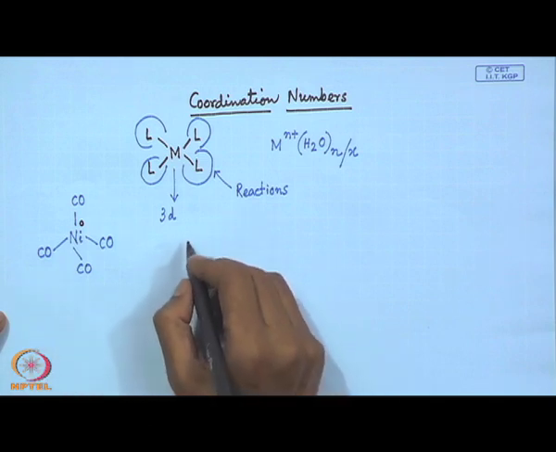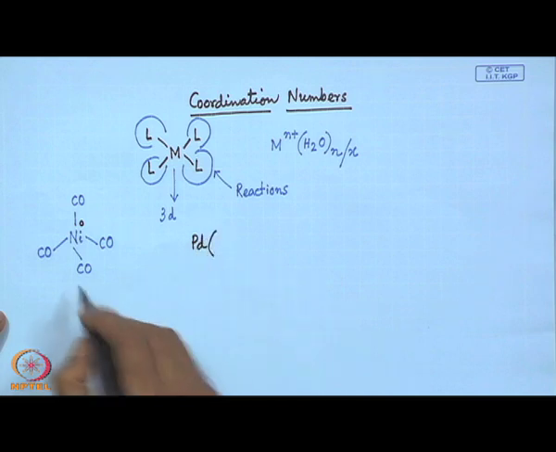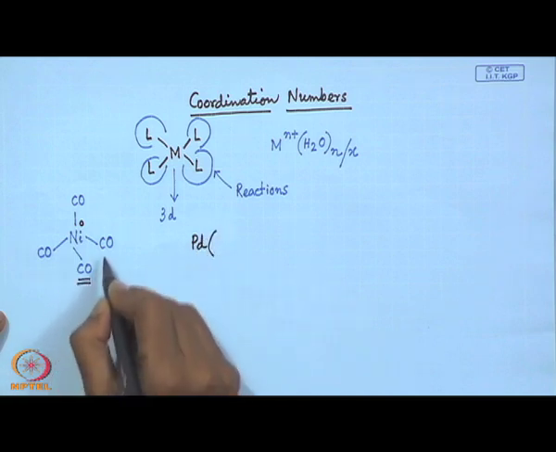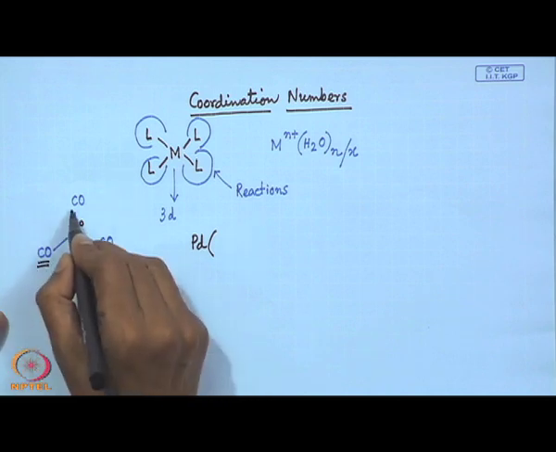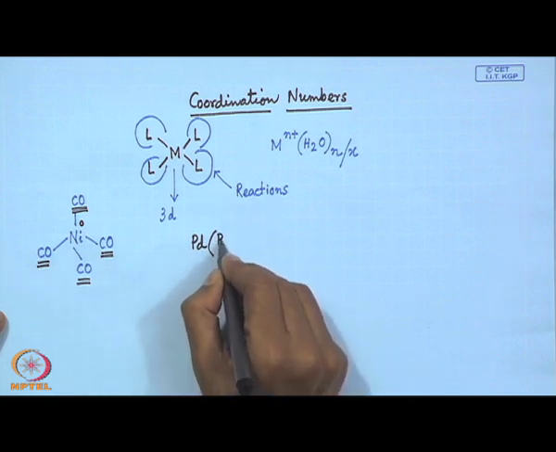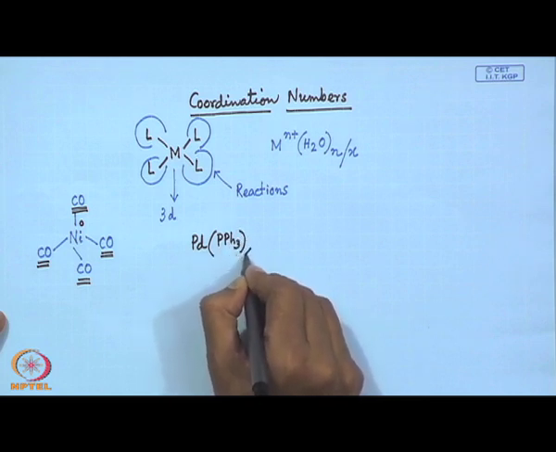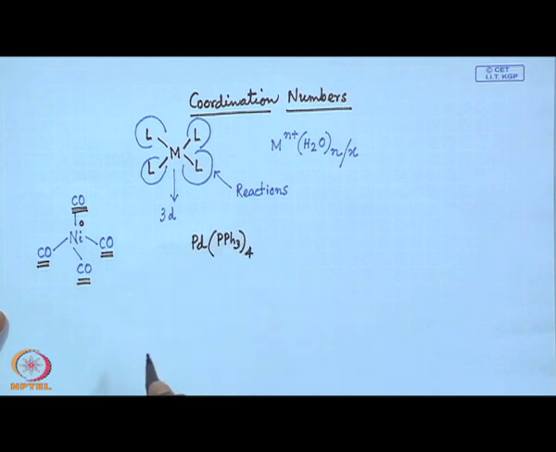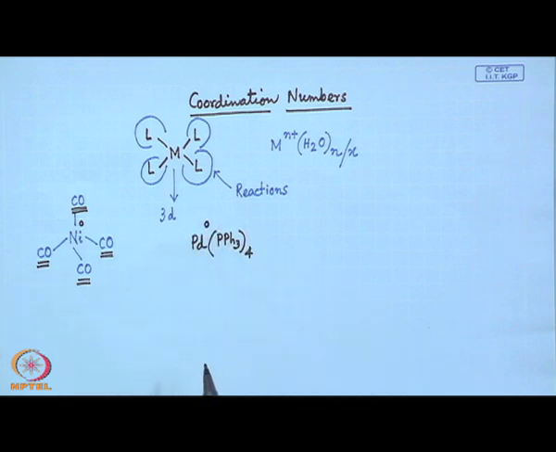Similarly, in case of this palladium system, in place of these small molecules, carbon monoxide being comparatively small molecules compared to triphenyl phosphine, they are again 4 in number and palladium is in 0 oxidation state.